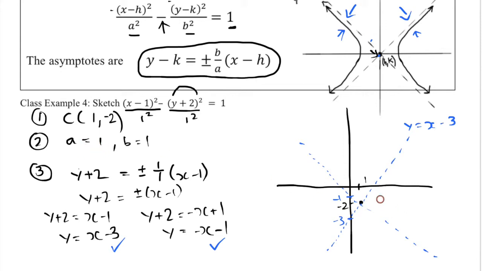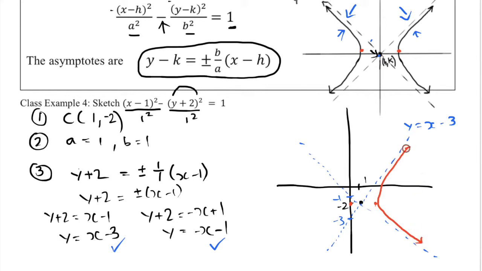So 1 plus 1 gives us 2, somewhere here. 1 minus 1 is 0, somewhere here. And those points should be the points closest to your center. And the rest is just follow the asymptotes I made.